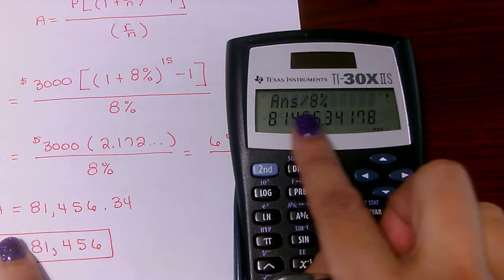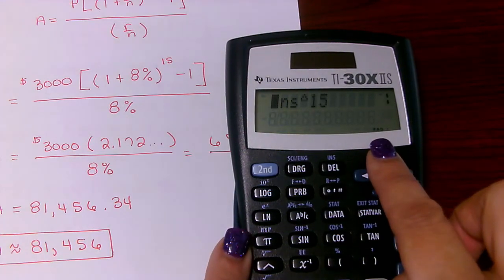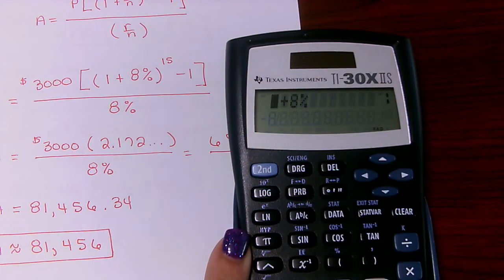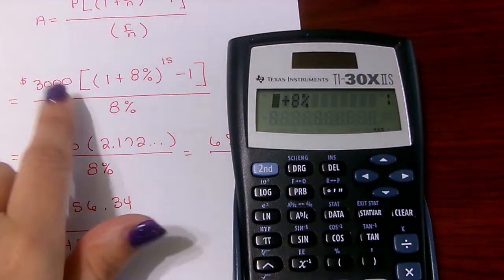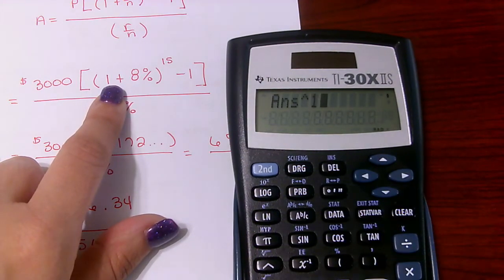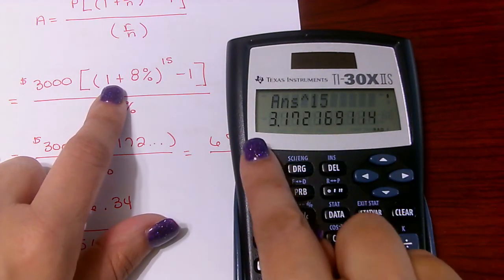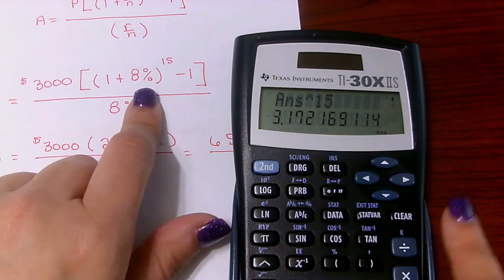It is really, really important that when you're doing these equations you're not taking the approximation. For example, let's try this again. 1.08, you raise it to the 15th. Let's say I decide to use 3.2 for this part here.